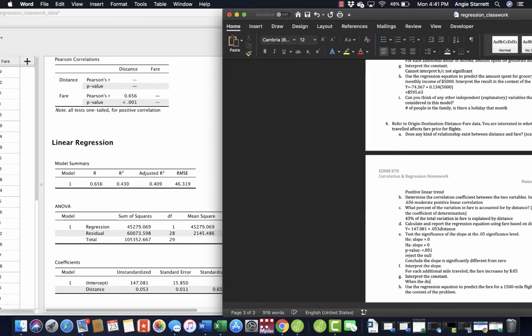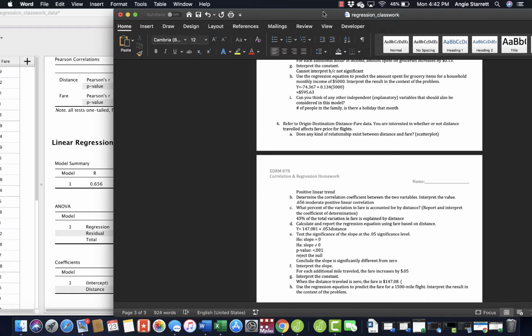When the distance traveled is 0, the fare is $147.08. And so what would this be? If you ever took any kind of economics course, this would be what's called the fixed cost of the flight.